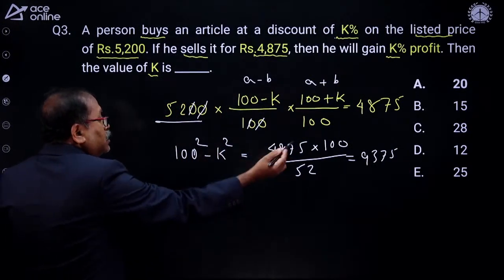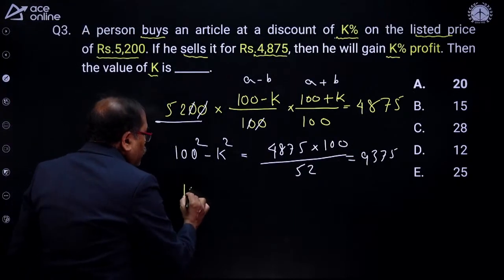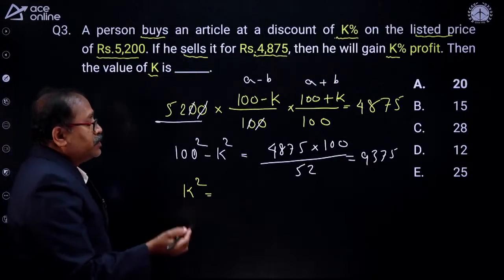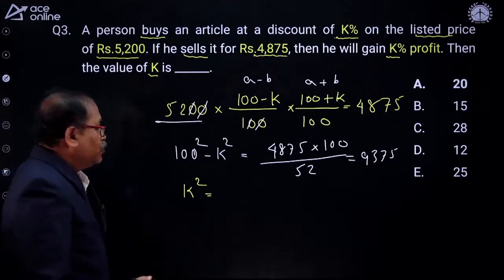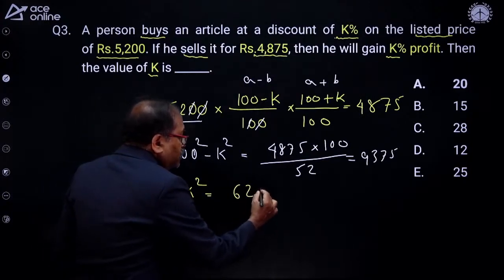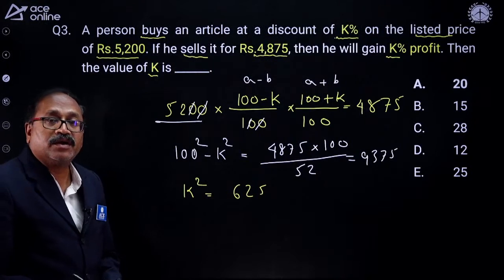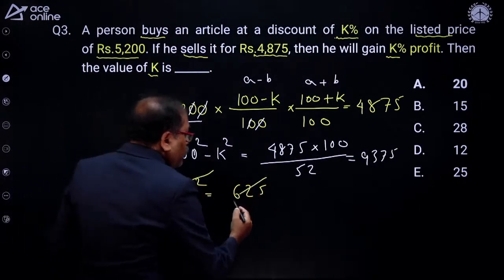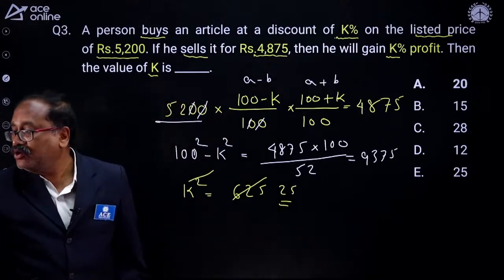Now I will take the k square the other side. Once I take the k square the other side, then what happens? This is 10,000. From 10,000, if you take out 9,375, you are left with 625. And we know that this is 25 square. So what is the value of k? The value of k is 25. That should be your answer.